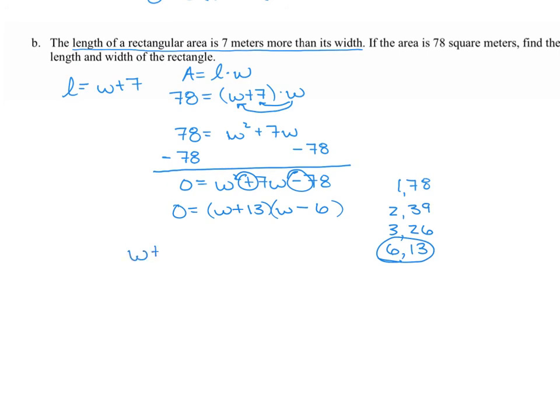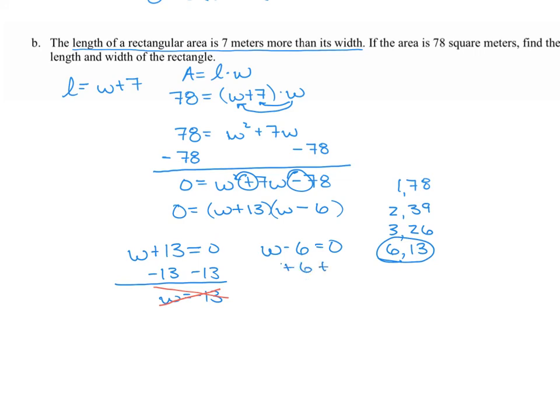All right, if we set each one of those equal to 0, we get W equals negative 13, which we will discard because, again, our width cannot be a negative number.